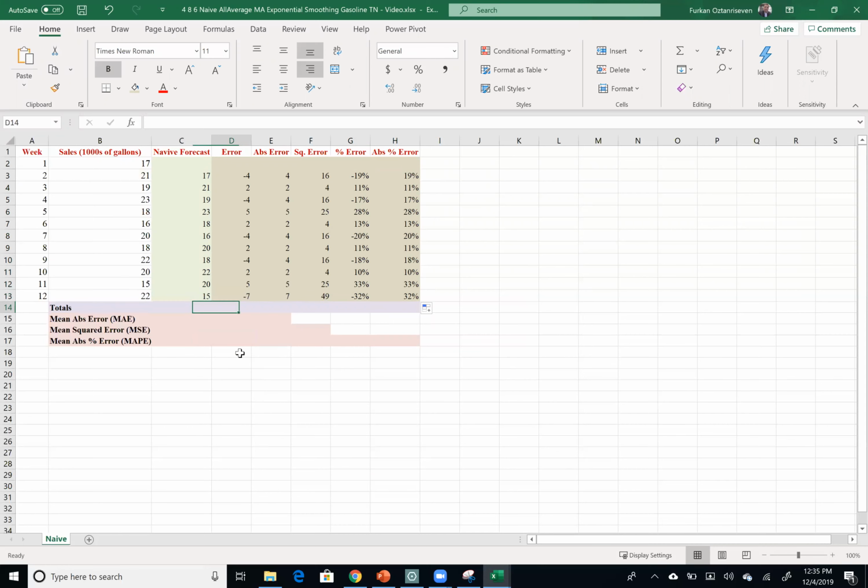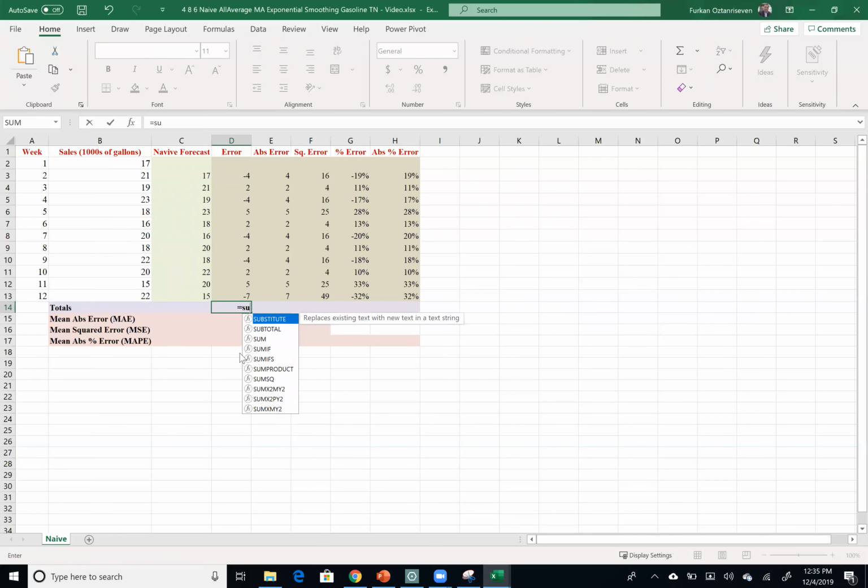Maybe I will do this for just errors. So my total error in terms of thousands of gallons is, I'm underestimating reality by 5,000 gallons.